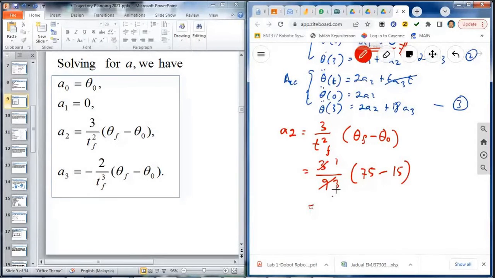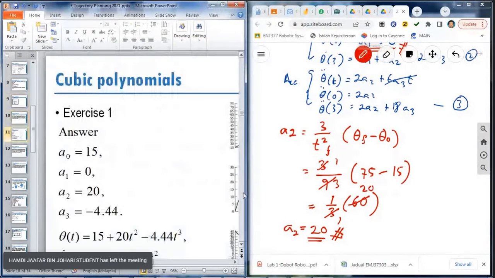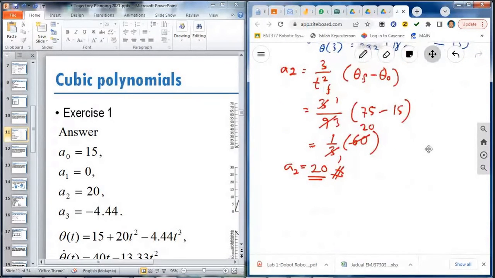So equal to 3 over 9 multiplied by 60, so 1 over 3 multiplied by 60. So you get A2 equal to 20. A2 equal to 20. Then you need to find A3.